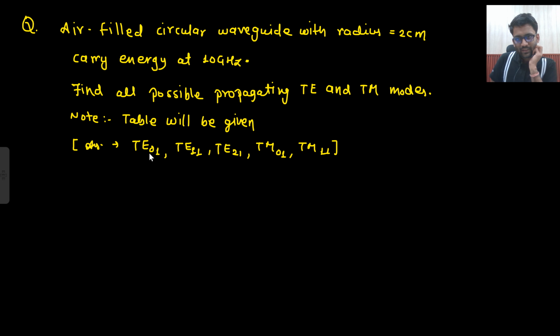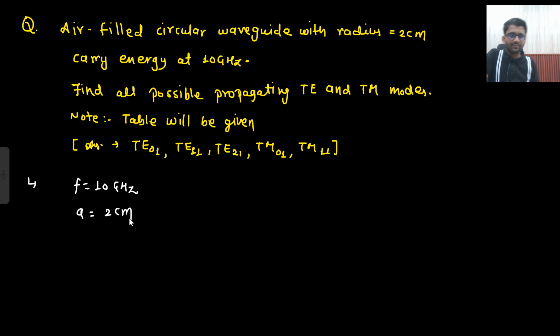An air filled waveguide with radius 2 cm carries energy at 10 GHz. So the F value is given, that is 10 GHz, and the radius is 2 centimeter. So the A value is 2 centimeter. You need to find all possible propagating modes for TE and TM.